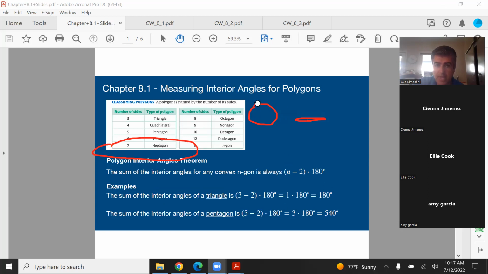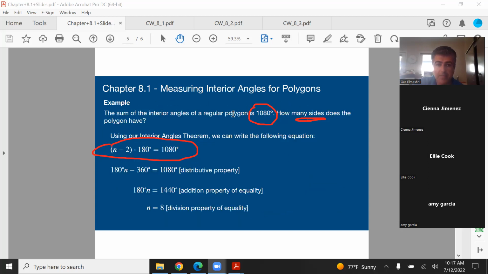It's n minus 2 times 180. And then just solve, step by step. Distribute the 180, add the 360, divide by 180, so you get 8 sides. So if you're told that a polygon has all of its angles add up to 1080 degrees, how many sides does that polygon have? Use this formula, n minus 2 times 180, to work that out for you.